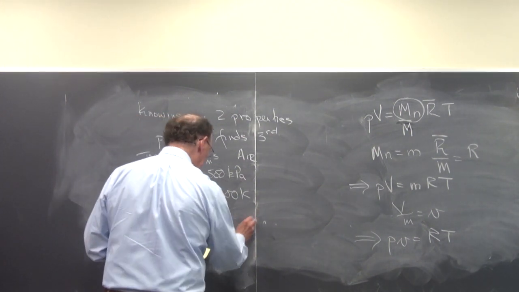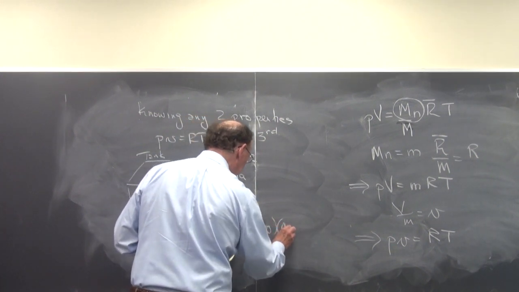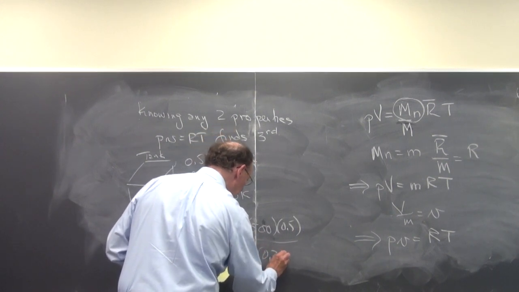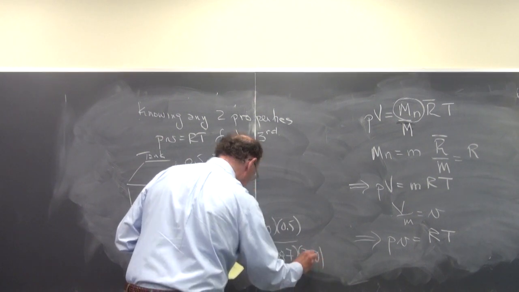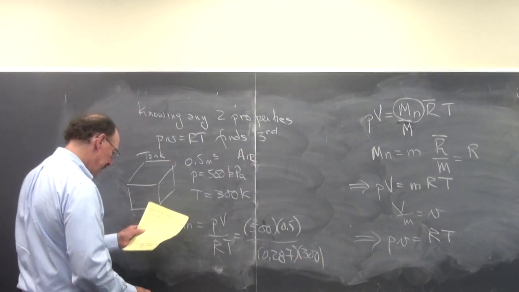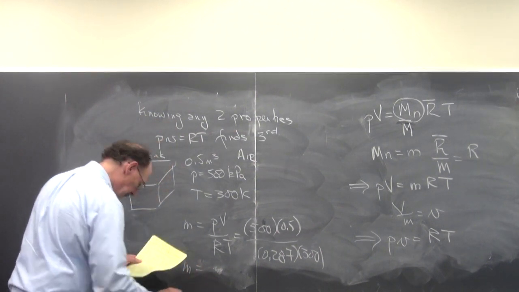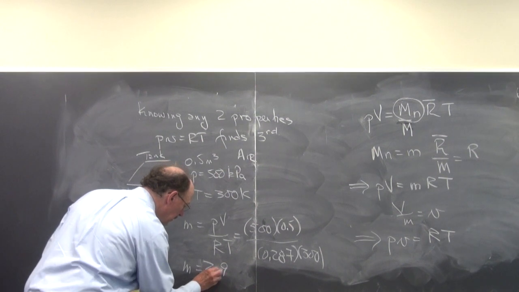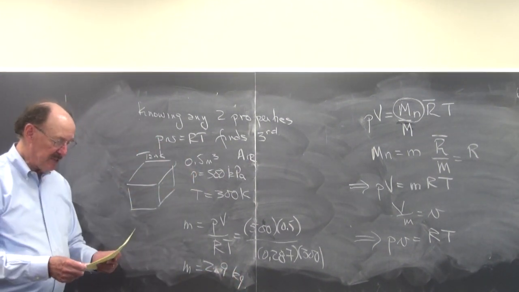So it's equal to 500 times 0.5 divided by 0.287 times 300. Or we have the mass is equal to 0.29 kilograms. So I have what the mass is in the tank.